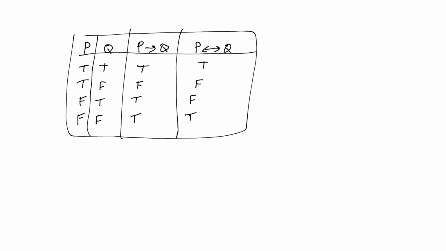Also true to say, if 1 + 1 = 3, then I'm not the Pope. Both of those things would be true, because both of those would be on these two lines of the truth table for the conditional.